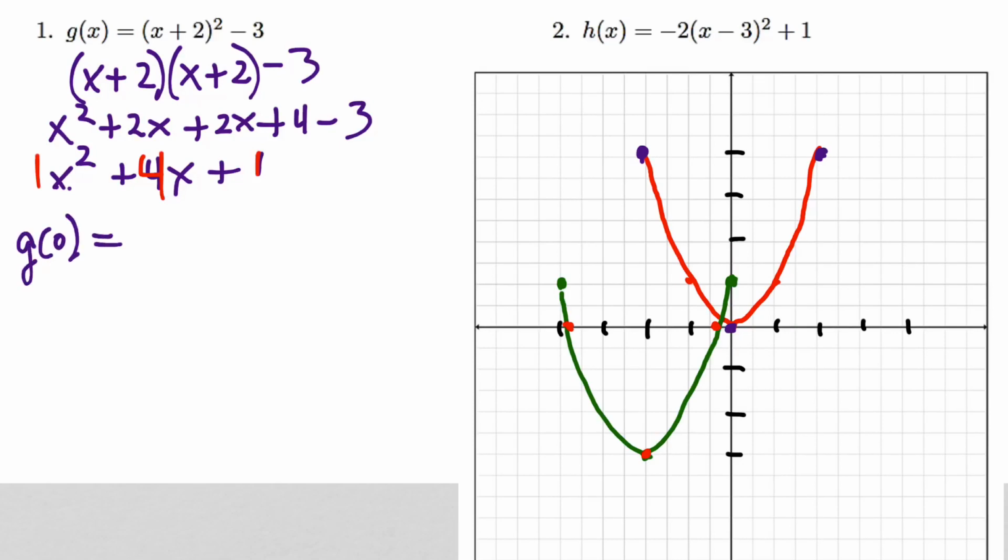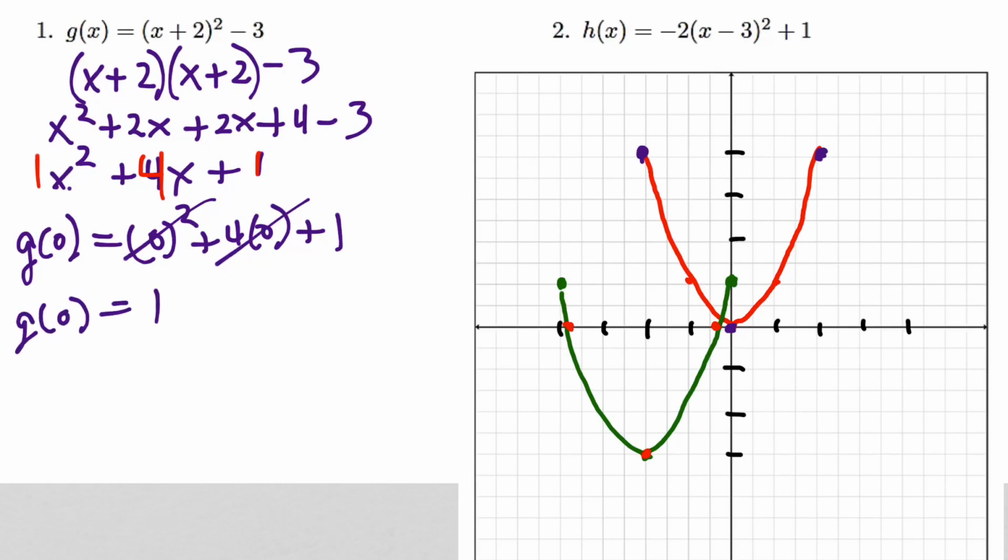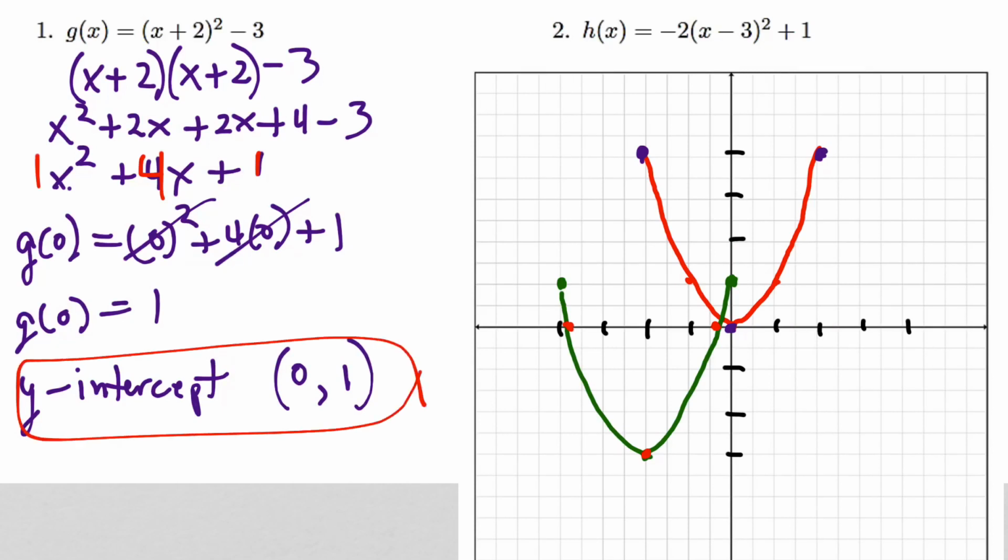When the value of x is 0, I've got 0 squared plus 4 times 0 plus 1. So g of 0 is equal to 1. So our y-intercept is the point 0, 1. So this is our y-intercept. Okay, so we've taken care of that problem.